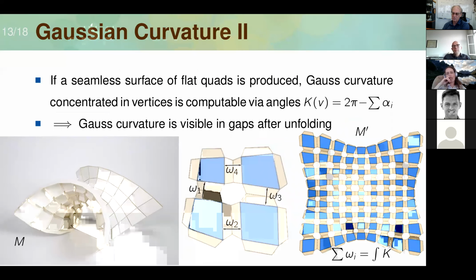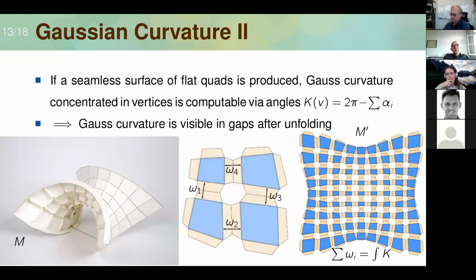So can I take any planar mesh, any mesh where the faces are planar, not necessarily quads, and generate such a structure? Good question. I think that this closure of the unfolding definitely works better for quads. My feeling is it will not work. My feeling is that quads are important.